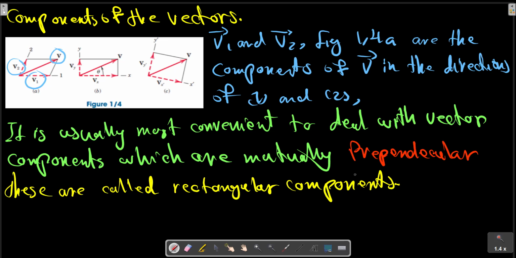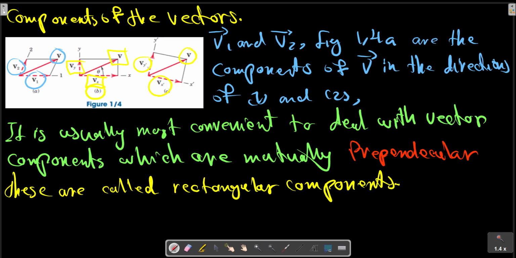The vectors Vx and Vy in figure 1.4b for V, this figure and this vector. Likewise, in figure c, Vx' and Vy' are also perpendicular components. When expressed in rectangular components, the direction of the vector with respect to, say, the x-axis is clearly specified.